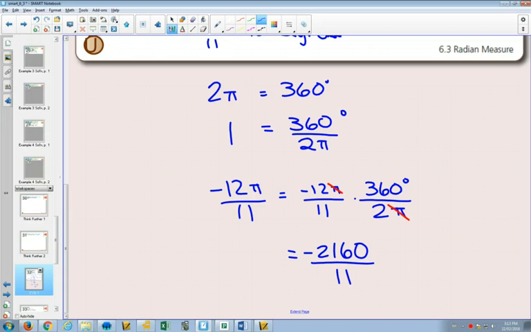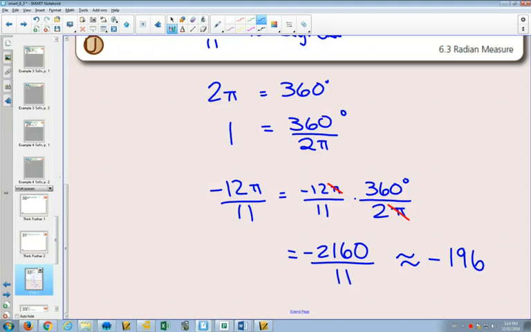If we divide that by 11, what do we get? Someone have their calculator handy. Negative 196.